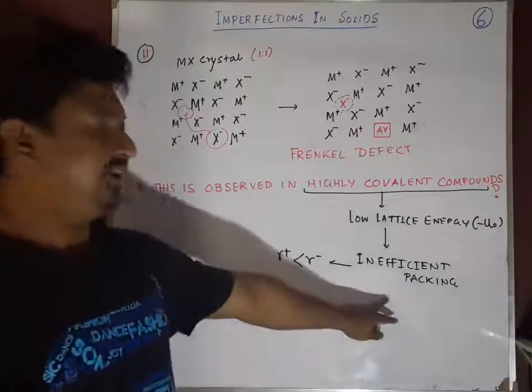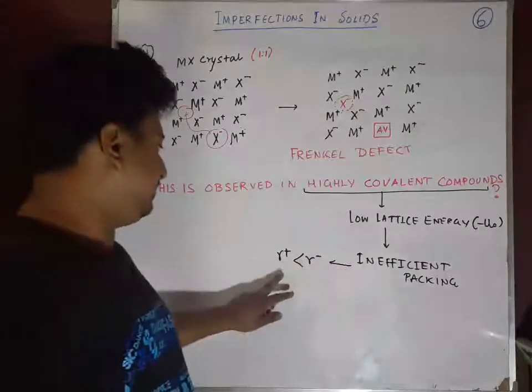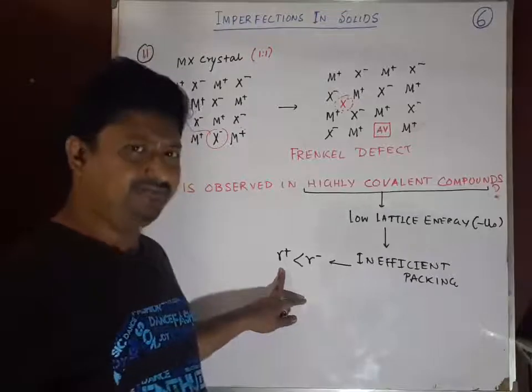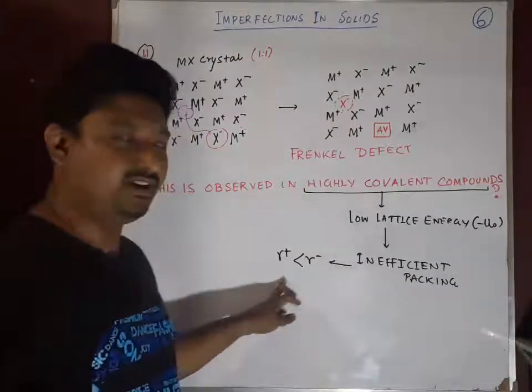If inefficient packing is there, then the radius of the cation will be lesser than the radius of the anion.